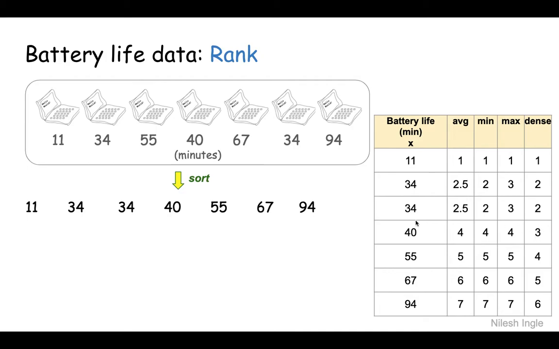We assign the rank 3 to the observation after the group of 34s. So in this case, we assign the rank of 3 to the value of 40, and then move on from there, so 4, 5, 6 for 55, 67 and 94. So that's how the rank works.